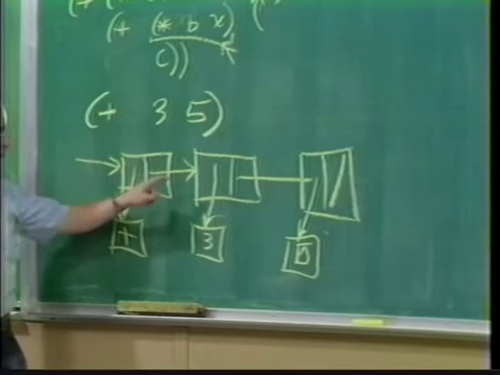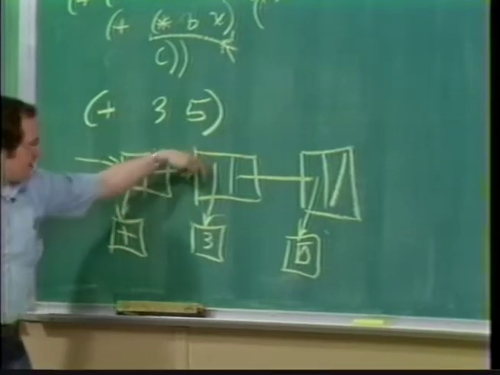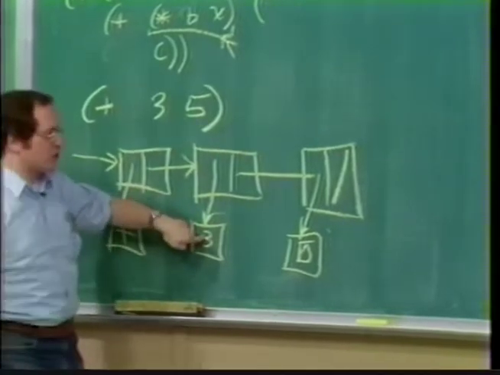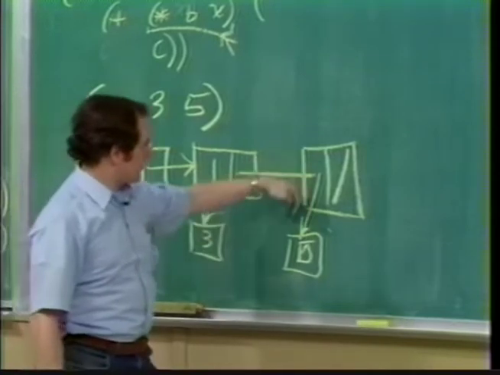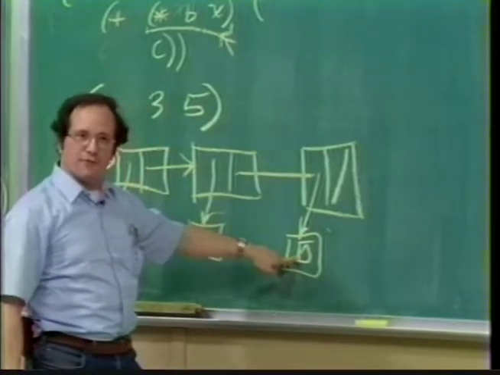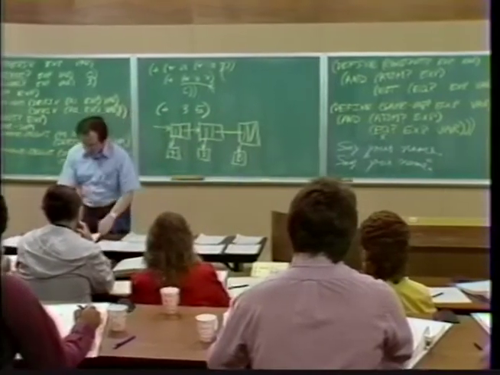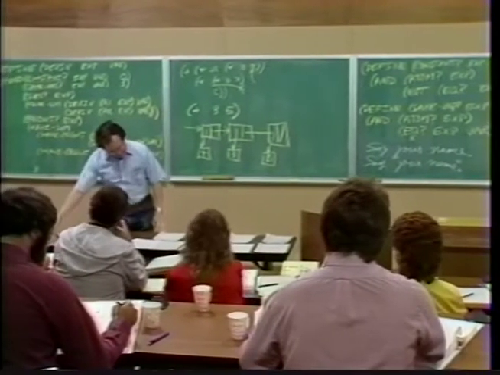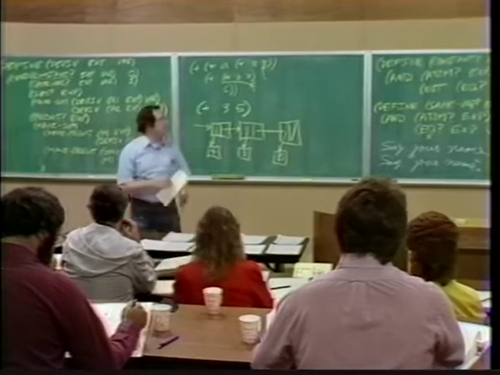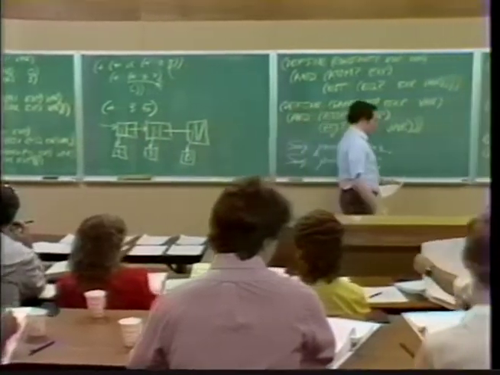The car of the cdr, well, I take the cdr, and then I take the car, and I get to the 3. That's the first argument. And the car of the cdr of the cdr gets me to this one, the 5. And similarly, of course, I can define what's going on with products. Let's do that very quickly.